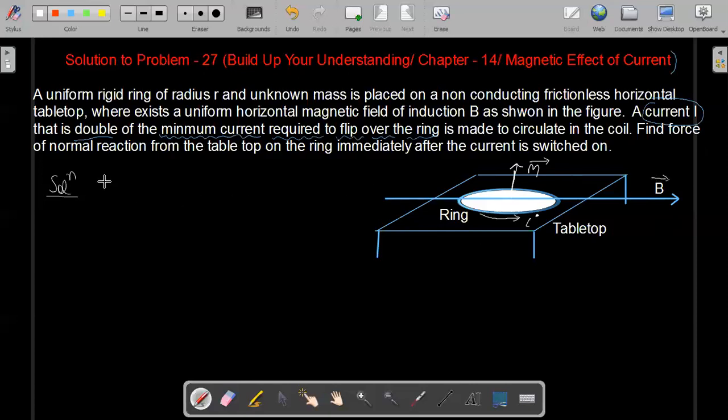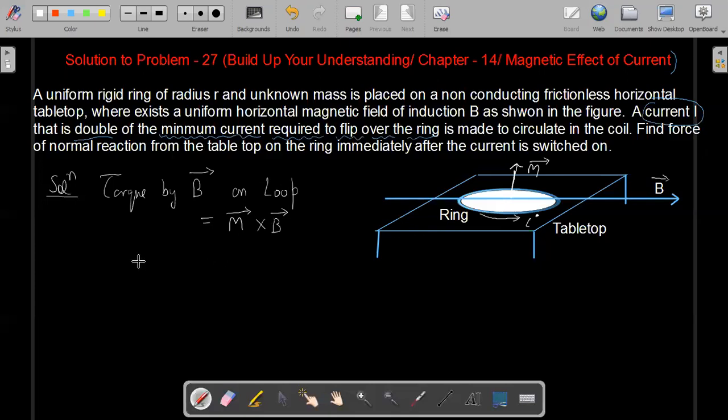That torque by this magnetic field B vector on this loop which carries a current small i is calculated by the cross product of M and B, M cross B.